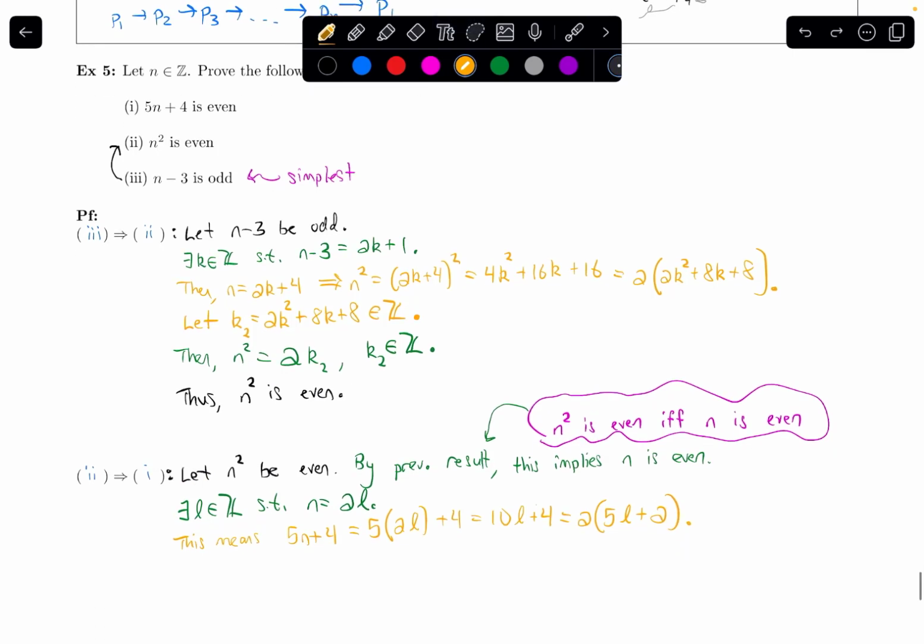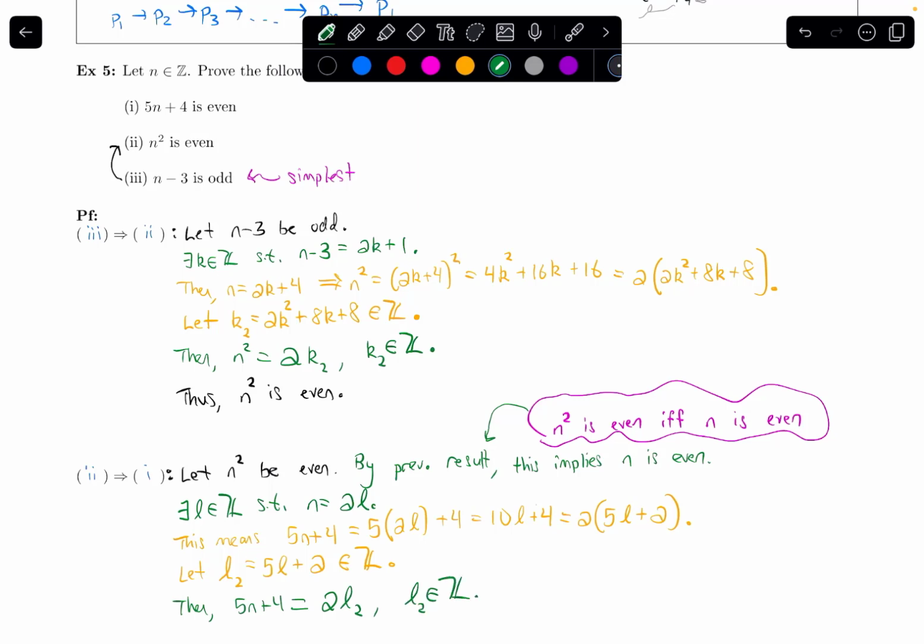I'm going to let it be L2 because I already have an L in the problem. Let L2 be equal to 5L plus 2. And this is an integer. So now I can restate what 5n plus 4 equals using this relabeling. So then this means 5n plus 4 is equal to this thing here, which is 2 times L2, where L2 is an integer.